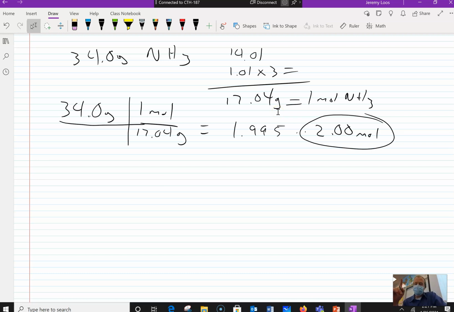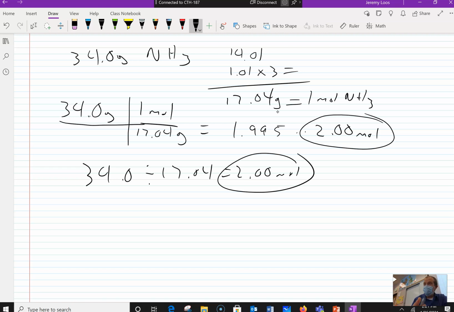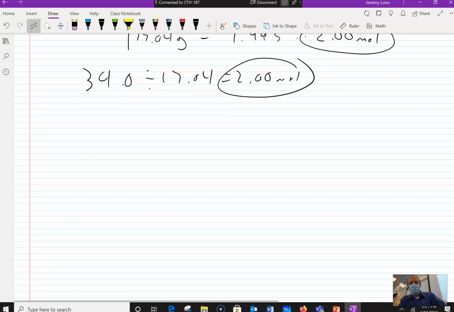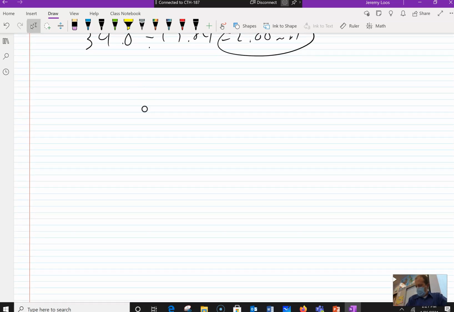If it doesn't make sense to you, then you need to do this dimensional analysis. But if it makes sense to you that, oh, yeah, I definitely need to divide here, that's fine. I just want you to understand that I'm always going to solve problems with dimensional analysis when we do them. Let's look at another example.